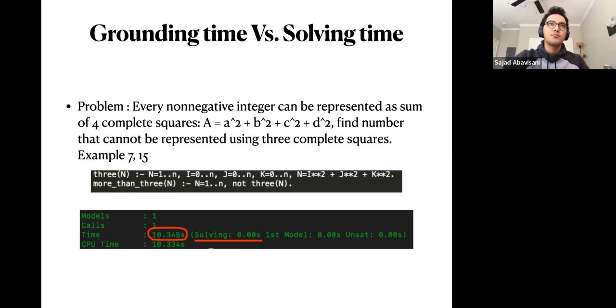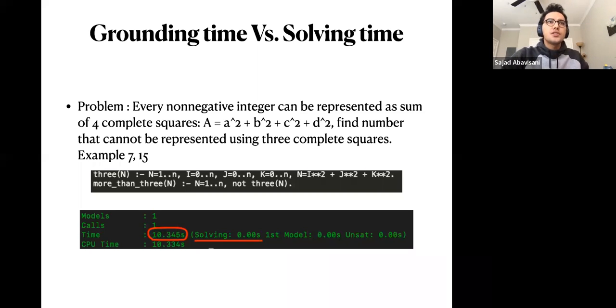For example, here we have a sample, and it is a fact that every integer can be written as a summation of 4 squares, and we want to know the smallest number that can't be written as a summation of 3 squares. One of them is 7. You can't write 7 as a summation of 3 squares. And so we want to find out anyway.